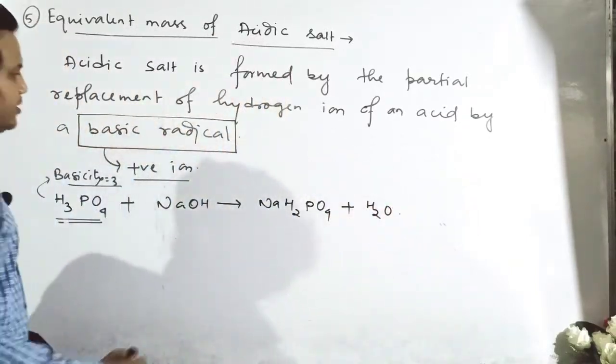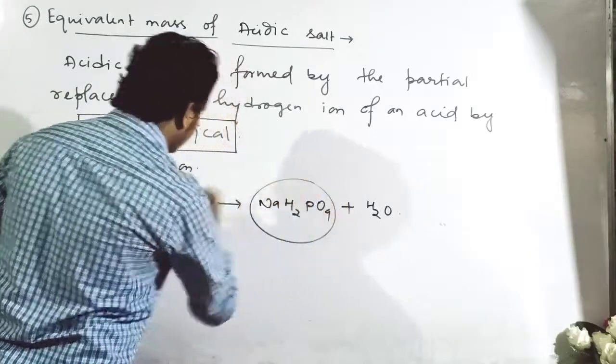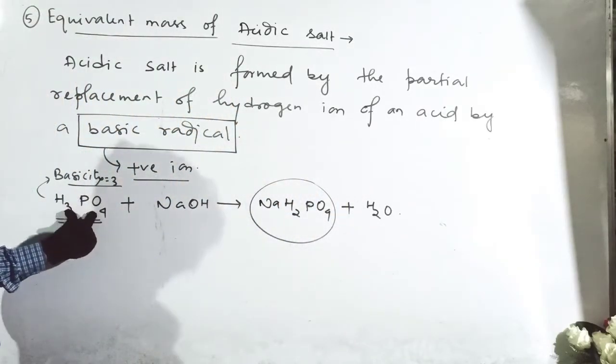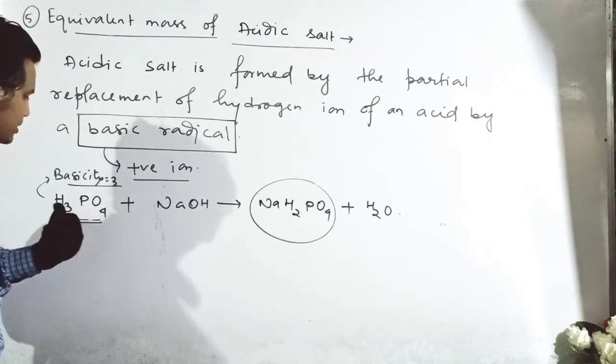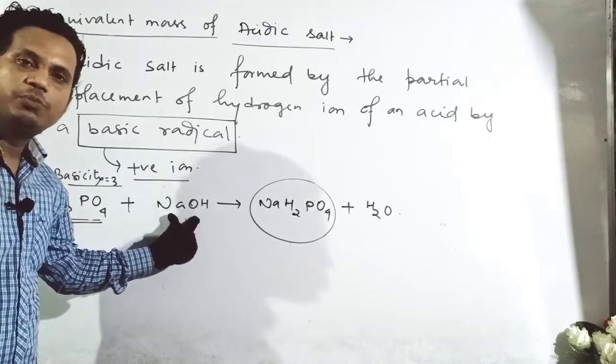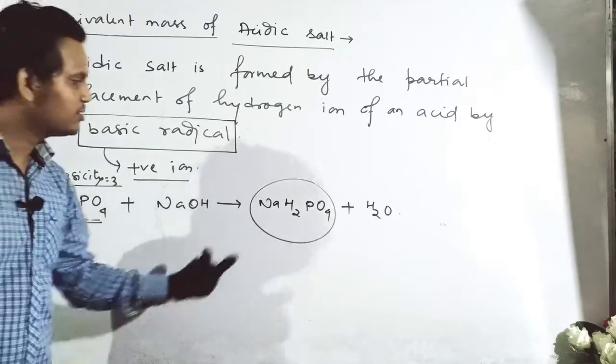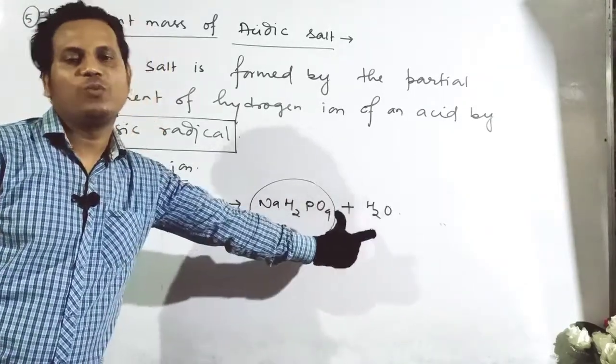So this is acid, orthophosphoric acid, and this is base. Acid plus base, salt plus water.